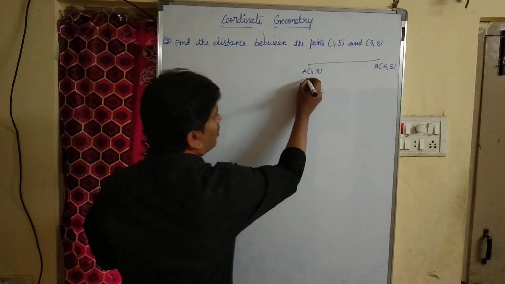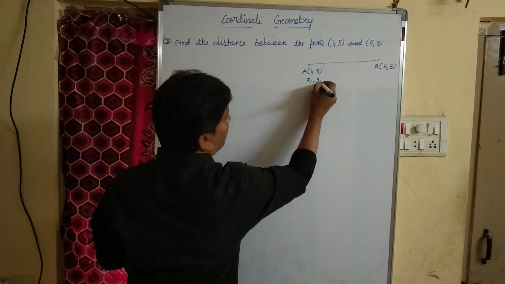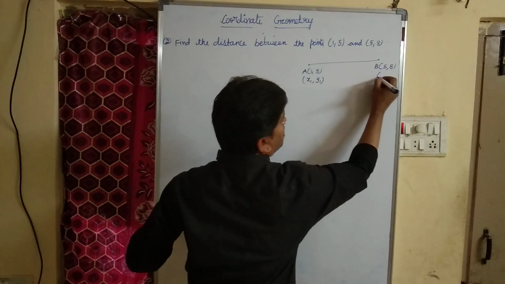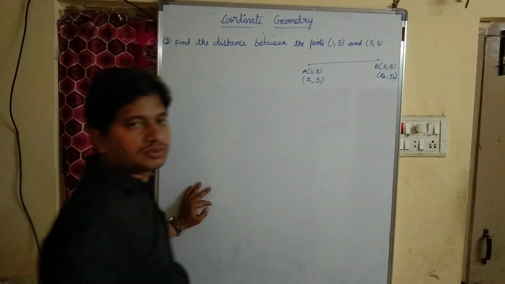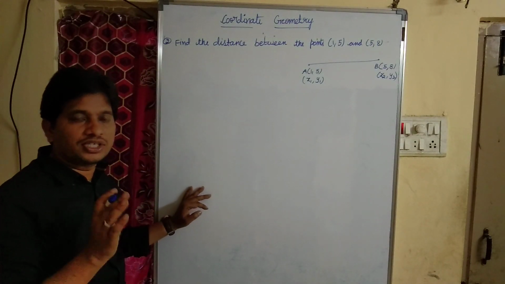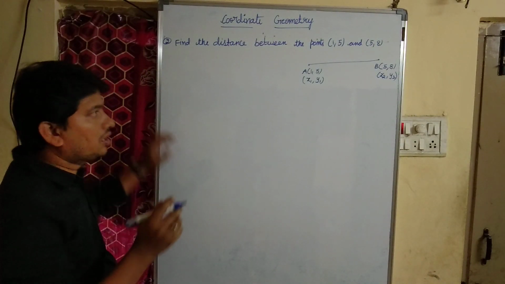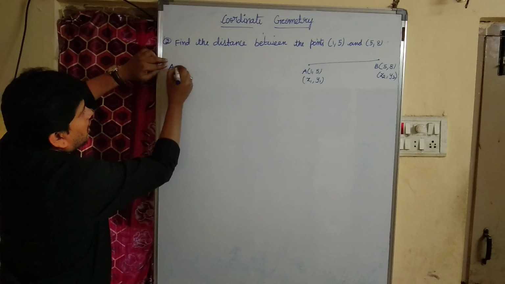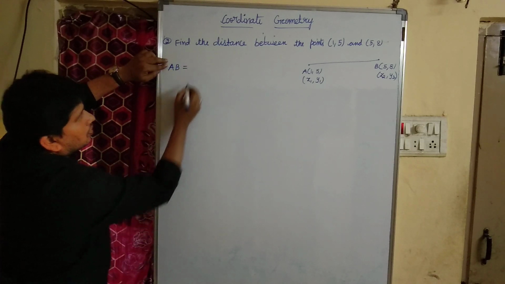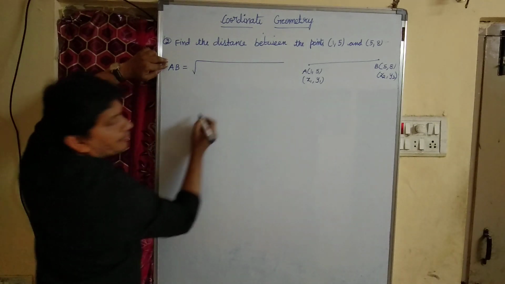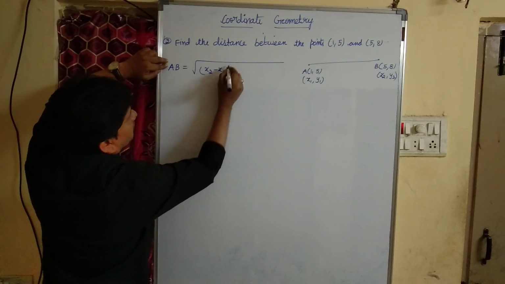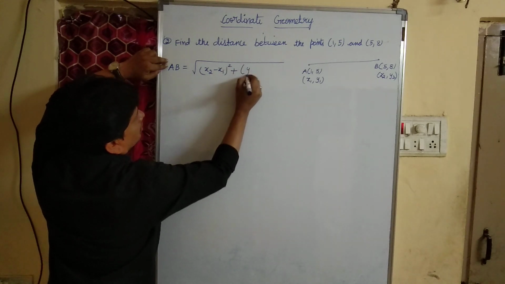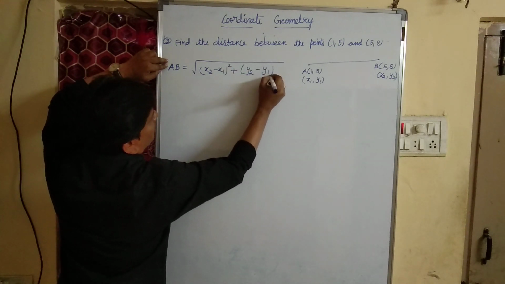Generally we call this x1 comma y1 and this x2 comma y2. You know children, what is the distance between 2 points formula? AB equal to root over (x2 minus x1) whole square plus (y2 minus y1) whole square.